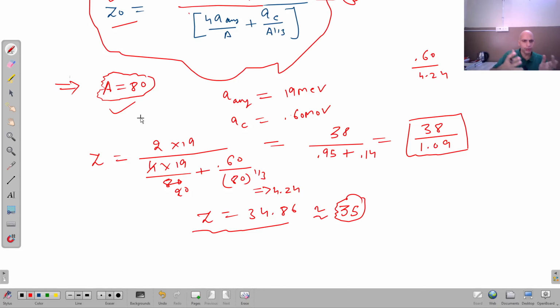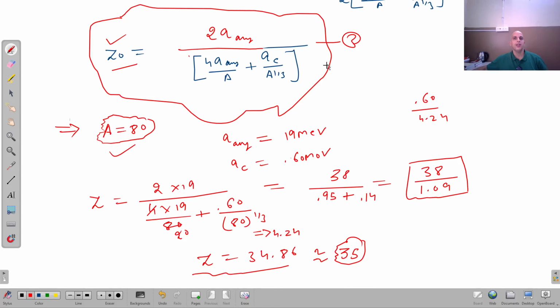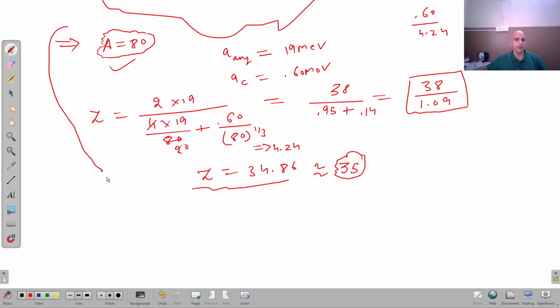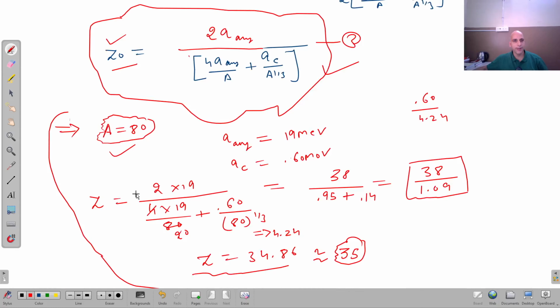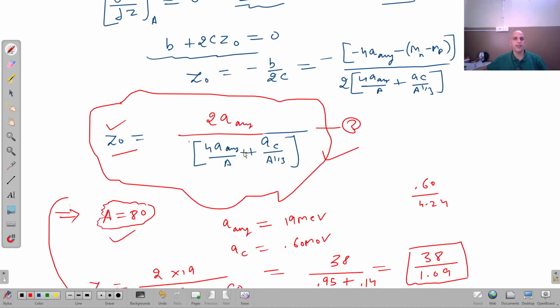Although there can be other isobars for A equal to 80, this is the most stable. This is the way of calculating the most stable isobar by utilizing equation number 3, putting the value of A symmetry energy and A Coulomb energy. So this is all about it. Thank you very much.